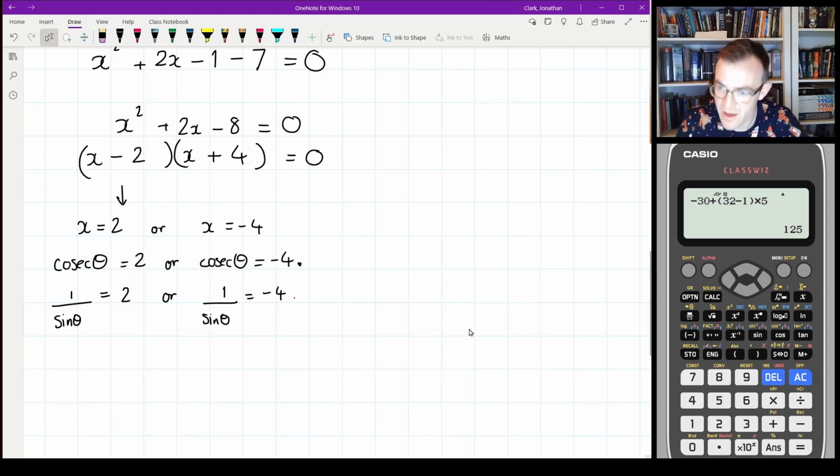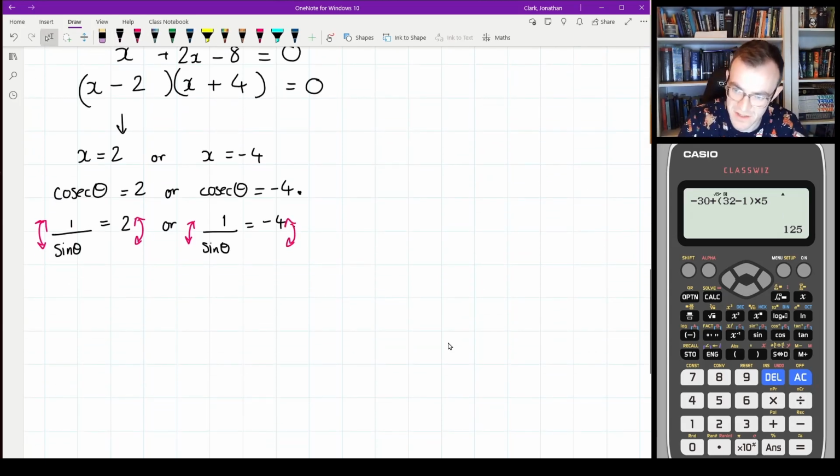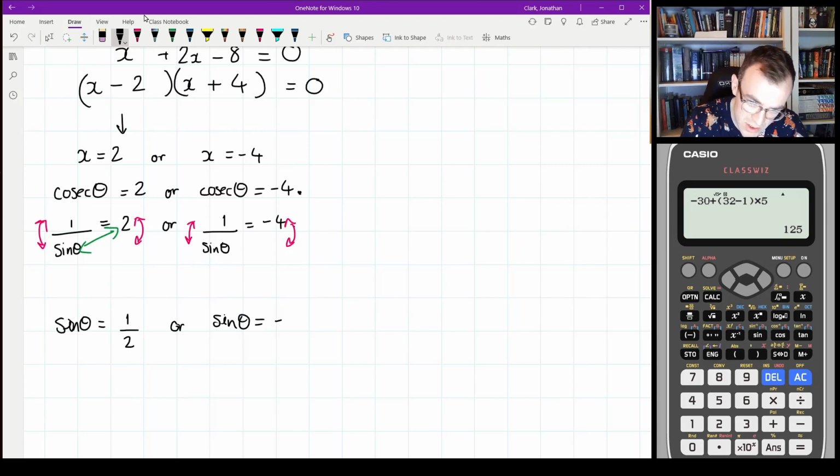So if I flip both of these expressions, take the reciprocal, I'm going to end up with two statements involving sine. So it's going to be sine theta is a half. Of course, another way you can think about it is you can just take the sine theta up and take the 2 down. You're going to get the same expression there. Or sine theta equals minus a quarter.